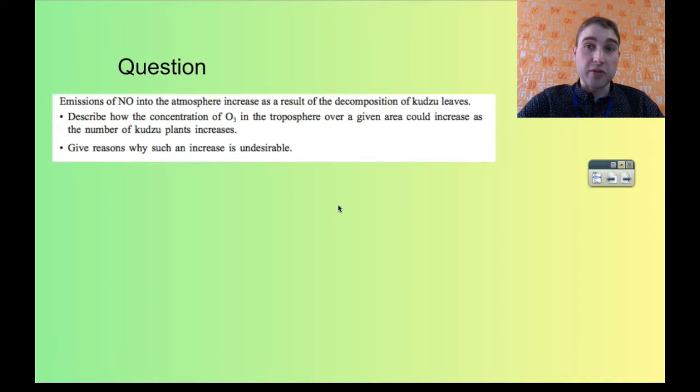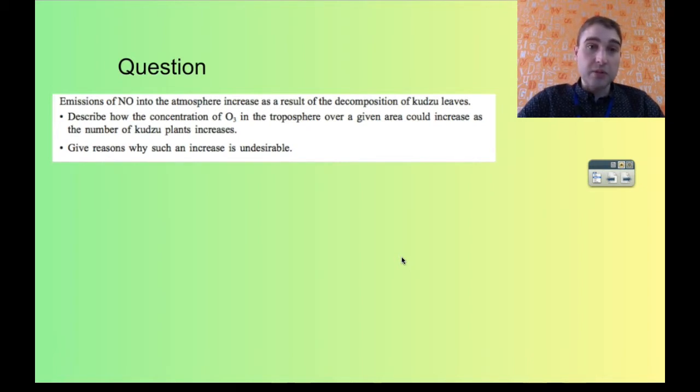So nitric oxide reacting with the oxygen in the atmosphere to form nitrogen dioxide, dissociating because of the sunlight to produce the oxygen radical, and then the oxygen radical reacting with oxygen gas to form the ozone. Because it says the word increase, you'd want to say the increase in the number of kudzu plants would lead to an increased concentration of nitric oxide, which eventually leads to the increased concentration of ozone.